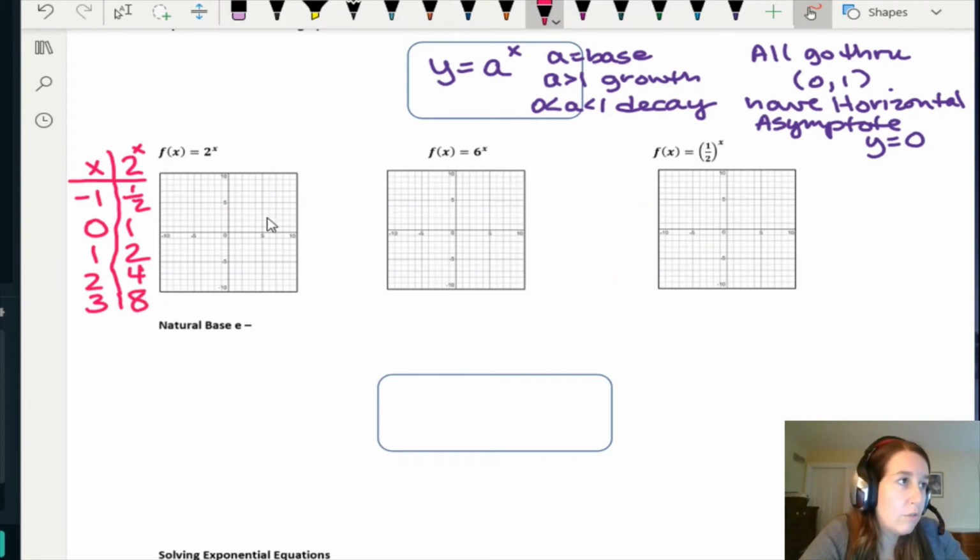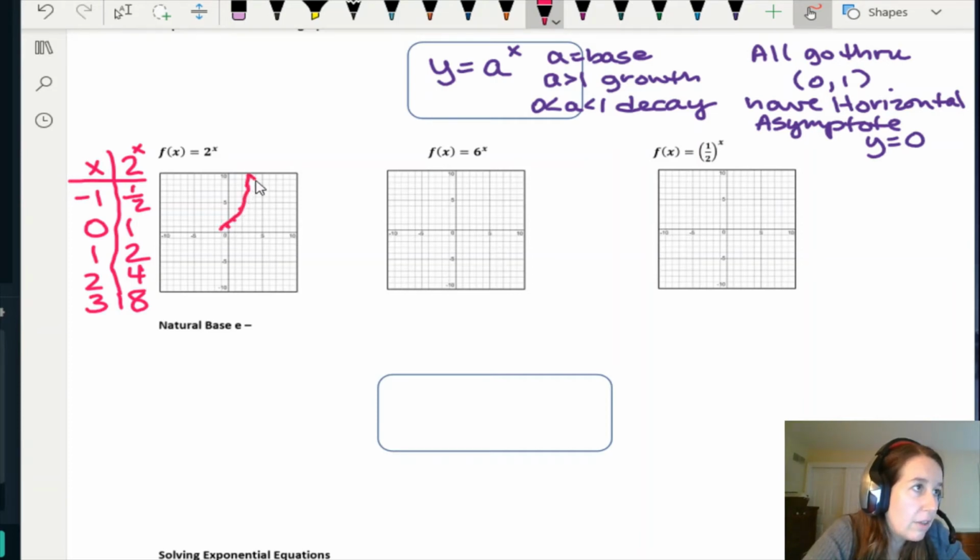Okay, so if we graph that, we're looking at -1, 1/2, 0, 1, 1, 2, 2, 4, and then 3, 8. All right.